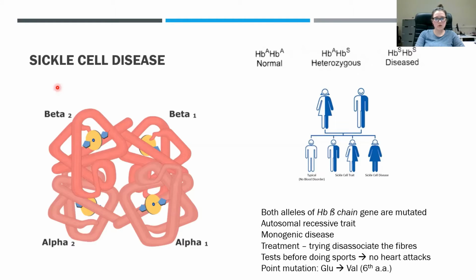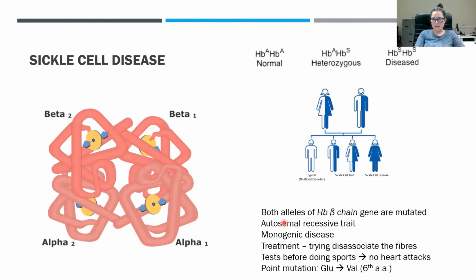So one hemoglobin molecule can bind oxygen molecules and carry oxygen throughout your body. And this disease is a result of both hemoglobin beta chain genes being mutated, meaning that we have faulty beta chains of the hemoglobin.